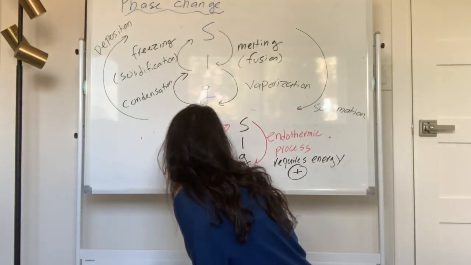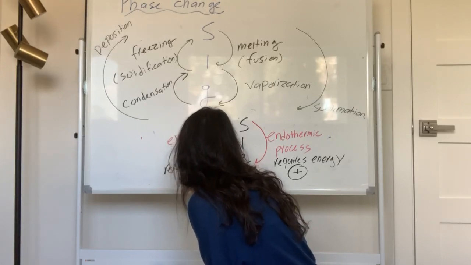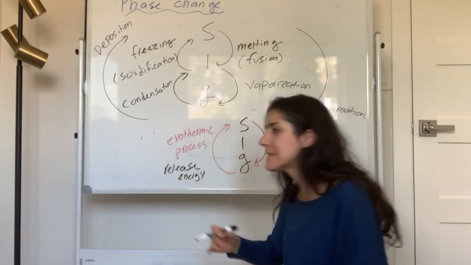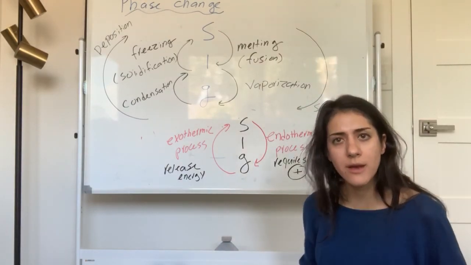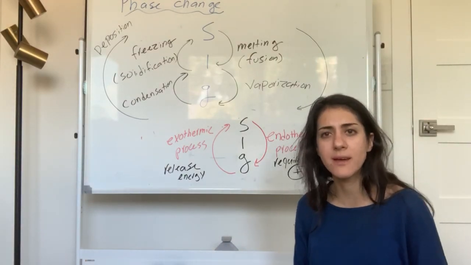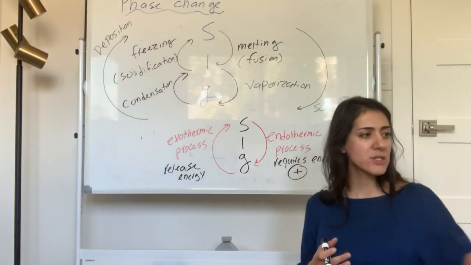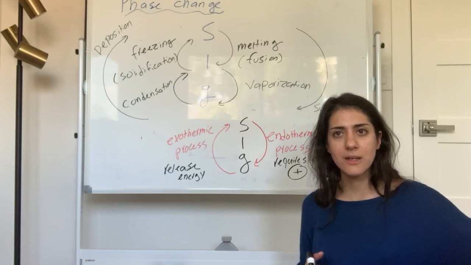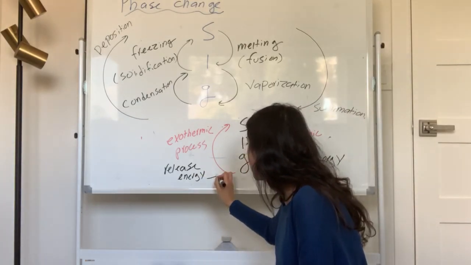Exothermic is great. It releases energy. Not only does it not require energy, it releases energy to the surrounding. So if I have a reaction going on in a beaker, what do you think is going to happen to my beaker? My beaker is going to get hot because the exothermic reaction is releasing energy to the surrounding. And the sign would be negative.